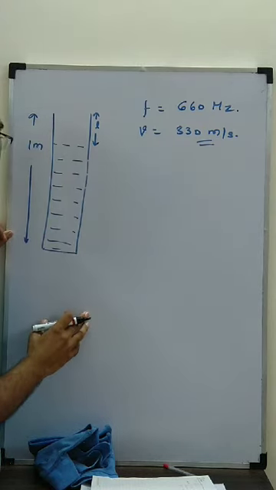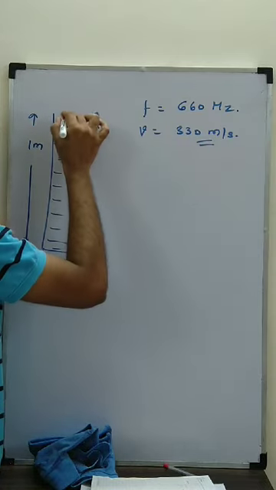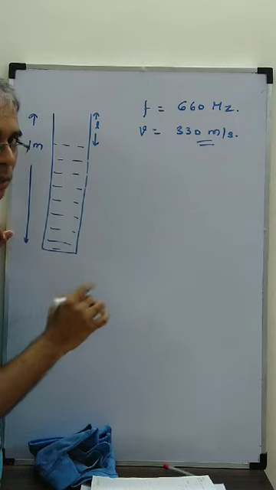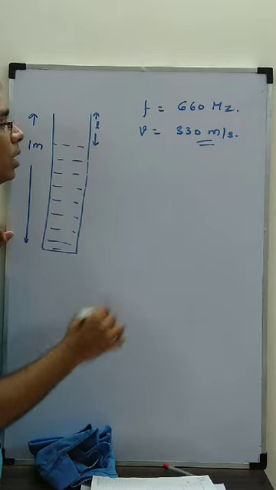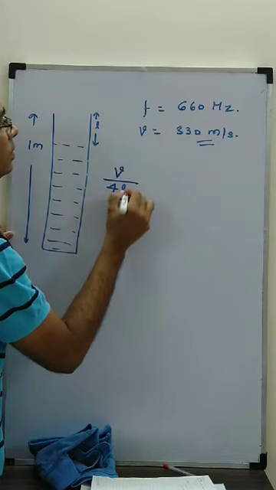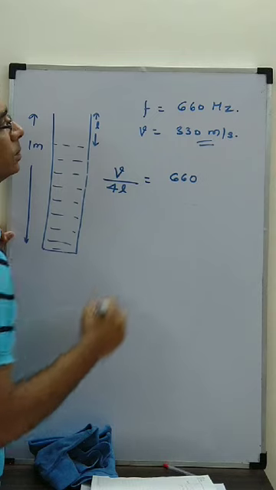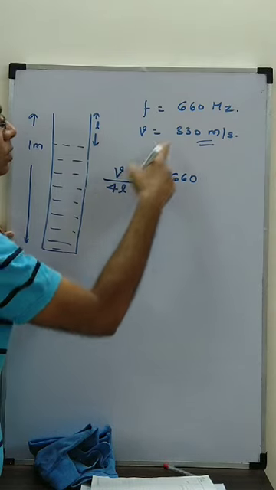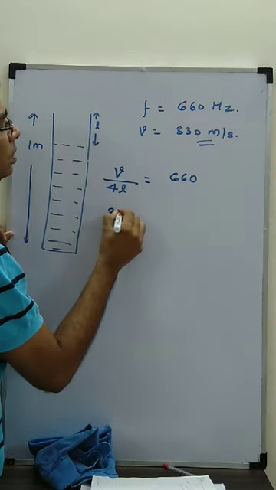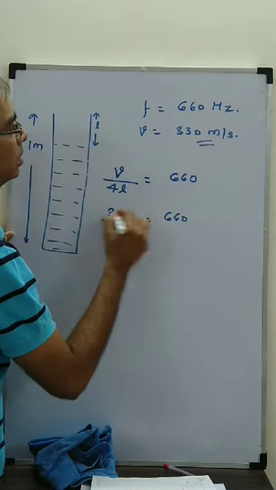660 Hertz. First I am going to do it for this length, considering that this is a fundamental tone, the first harmonic. So V by 4 into this length must be equal to 660 Hertz. I know the V value, so 330 by 4L equals 660.